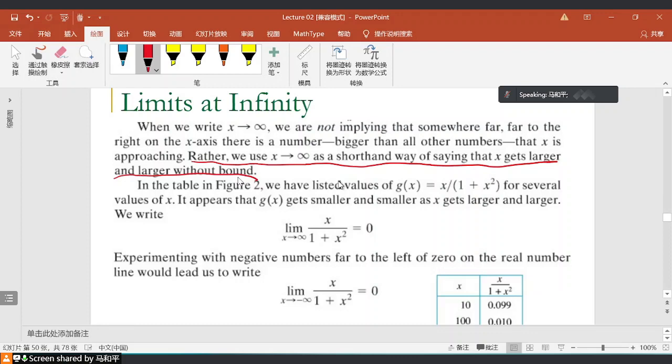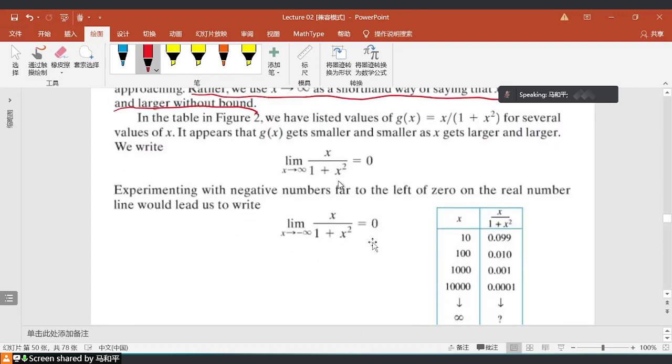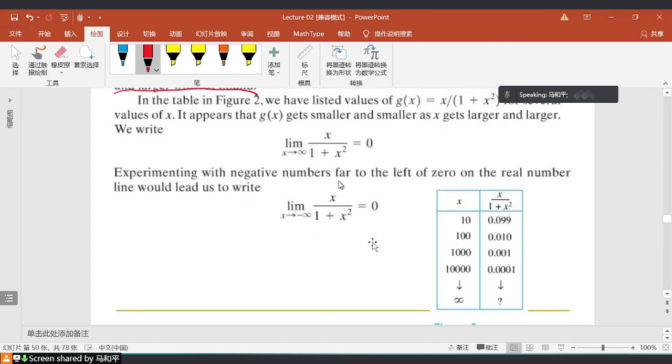It does not mean x approaches a very big number. In the table in Fig 2, we have listed values of this function, x over 1 plus x squared, for several values of x, that means x is 10, 100, 1000.